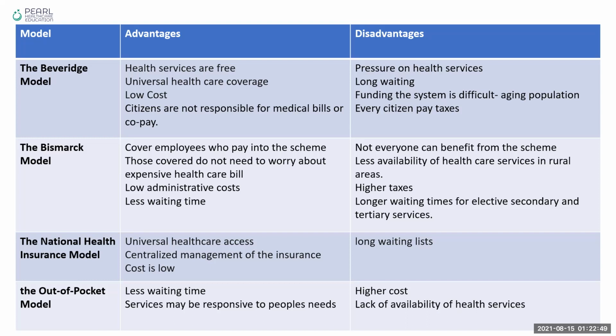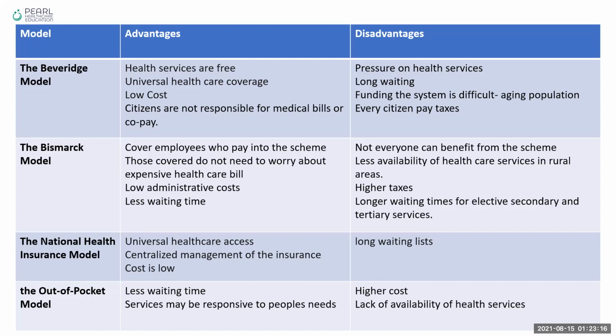The other model, the Bismarck model, covers those people who paid into the system, and they don't really have to worry about the expensive healthcare bills that they might get as a result of using the services. Administrative costs are low, and because there is one buyer or the government tightly controls it, the system is quite controlled.